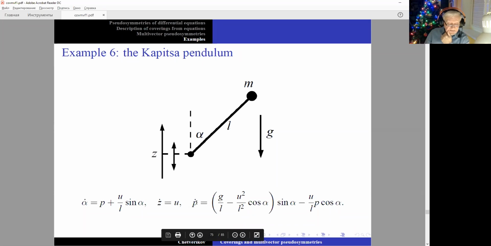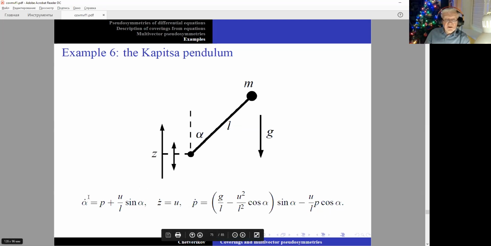Pi is the generalized momentum. Alpha is the angle. L is the length of the pendulum. G is the gravity acceleration.